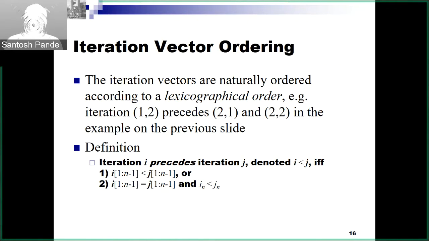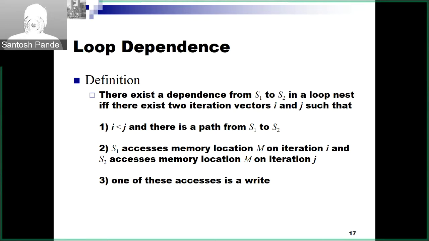So the ordering is really critical, and so let's formalize whatever we have looked at into these few slides now. And so we first note that there is a dependence if there are two iteration vectors I and j such that one of them occurs before the other, and there is an execution path from S1 to S2, and S1 accesses a memory location in iteration I, S2 accesses the memory location in iteration j.